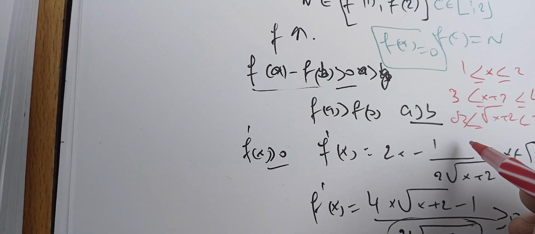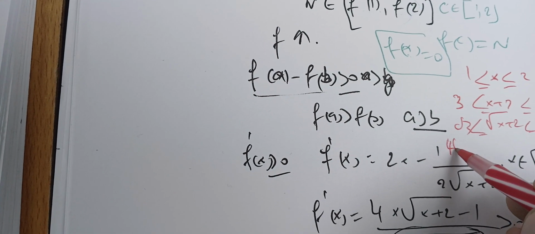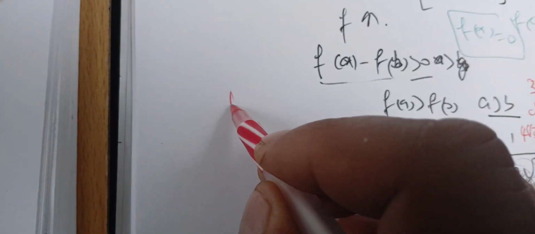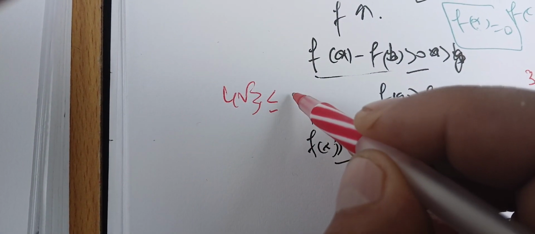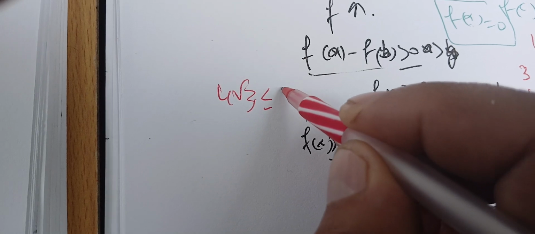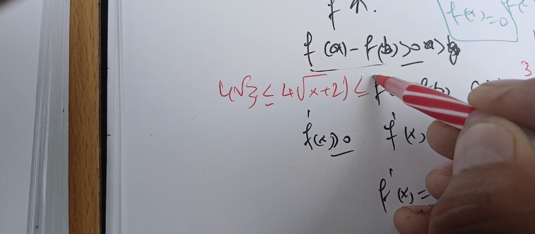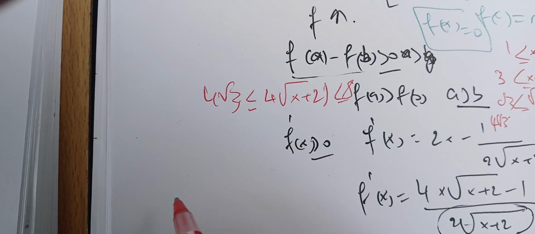Once I multiply by 4, I get 4 square root of 3 less than 4 square root of x plus 2 is less than 8, because I had to multiply by 4.